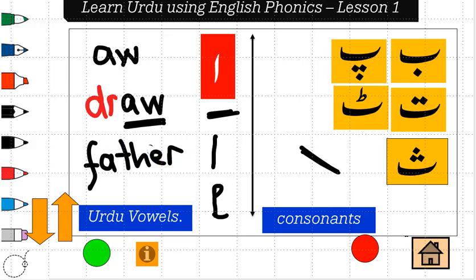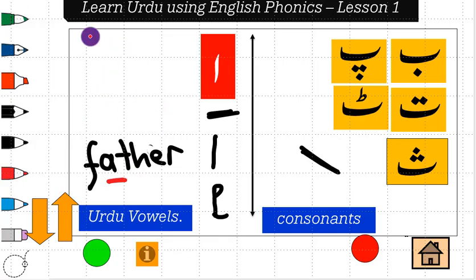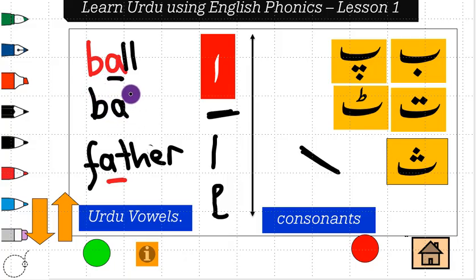So this makes a sound over there. You can also correlate with ba, o, l, ball, but we cannot use this. Why? This is a, it also makes a sound ba, at. So this is not a unique sound.